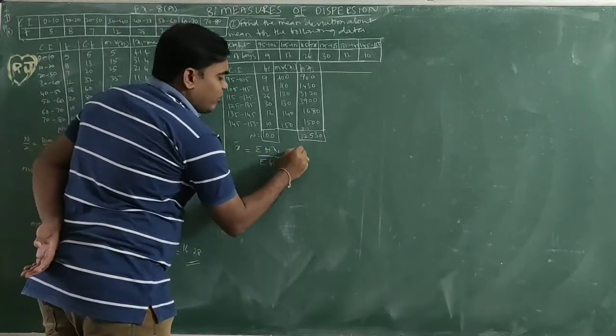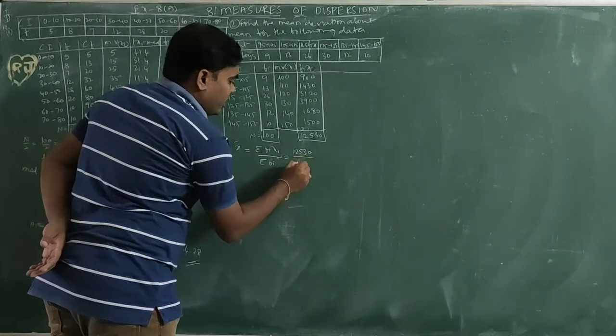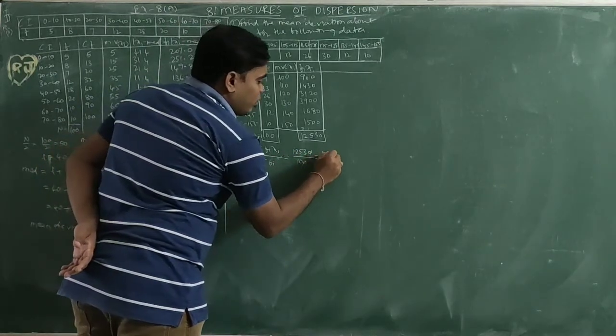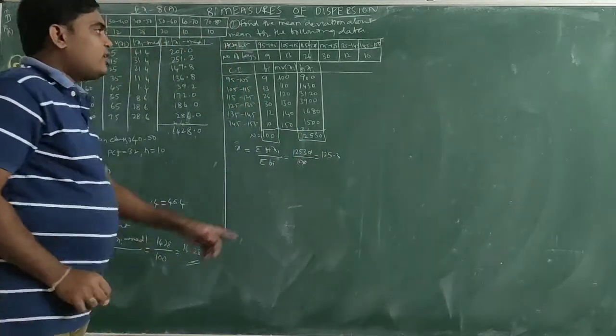Again, it is equal to 12530 by 100. 0, 0 cancel. 125.3. So this is the mean.